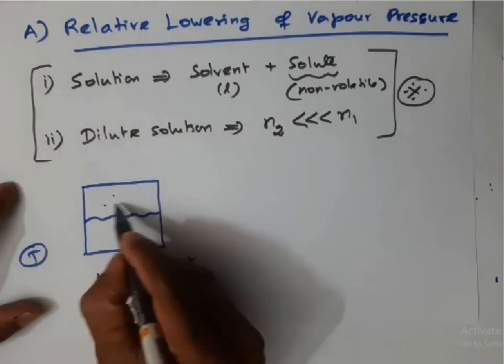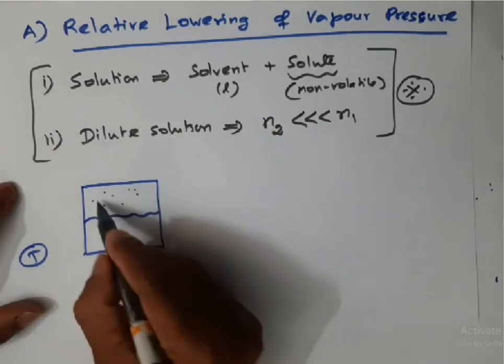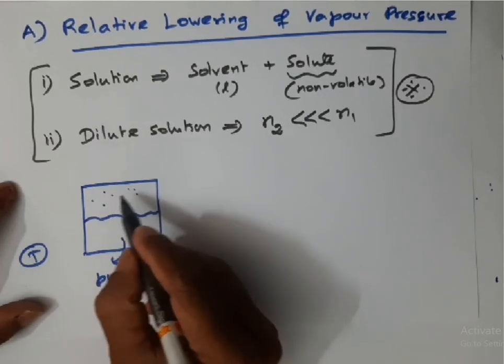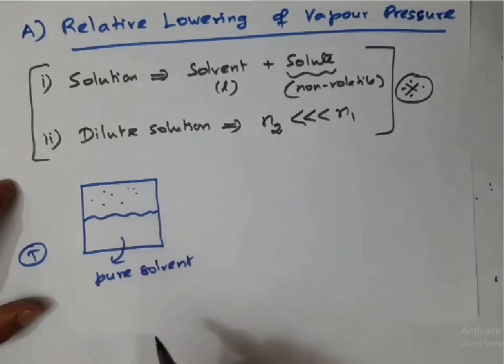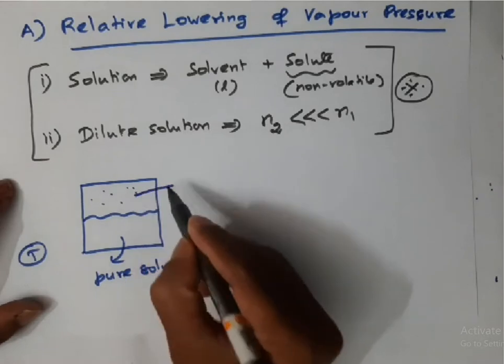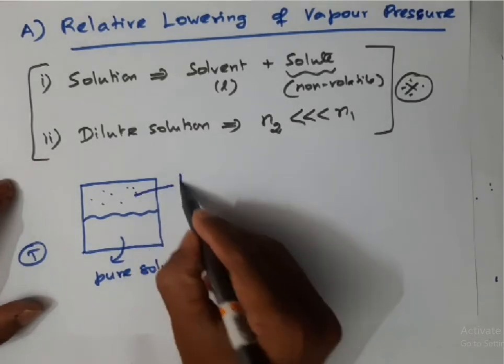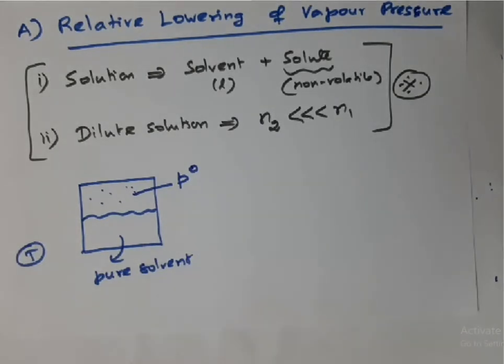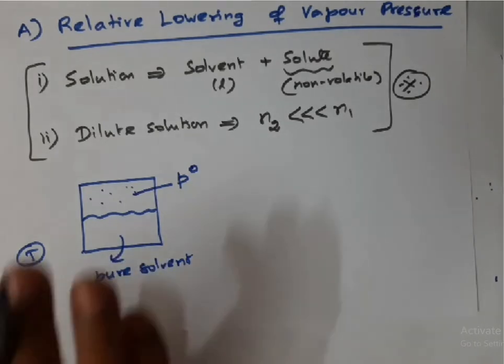After reaching equilibrium, you measure the vapor pressure of the solvent molecules above the liquid surface. Let me represent this vapor pressure of the solvent as P naught. The naught symbol indicates pure. P naught means the vapor pressure of pure solvent, because we have only solvent now.